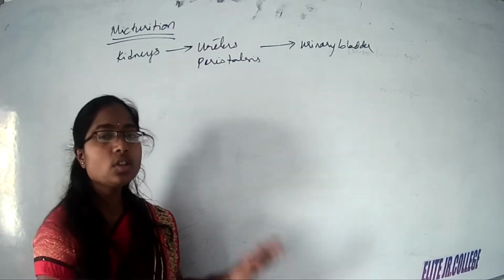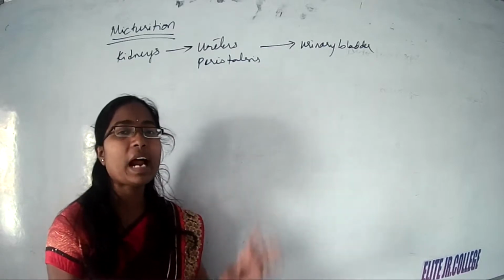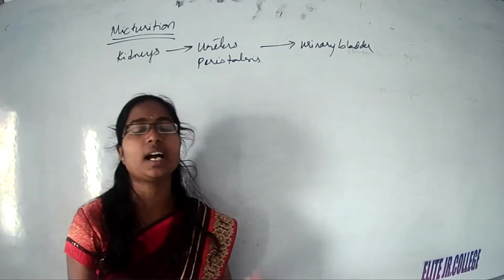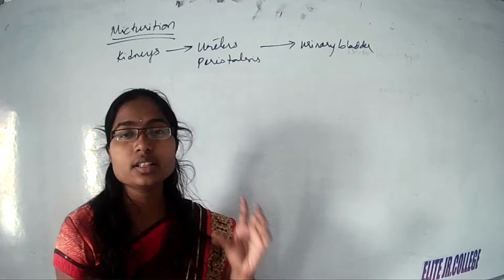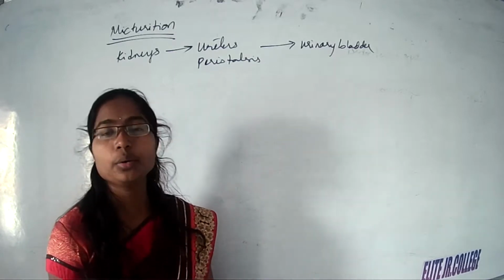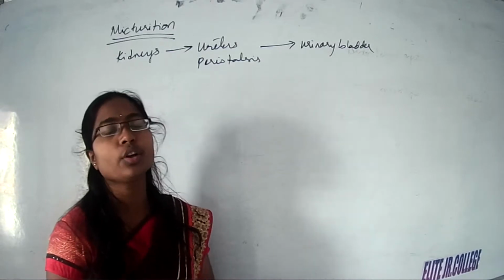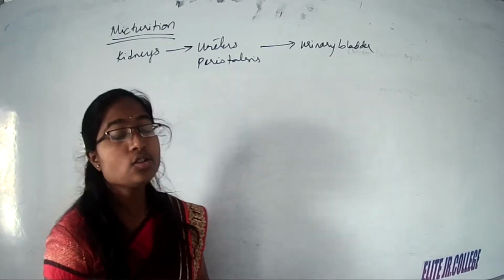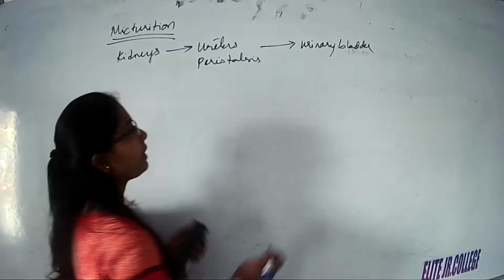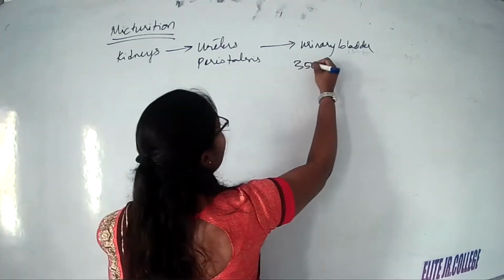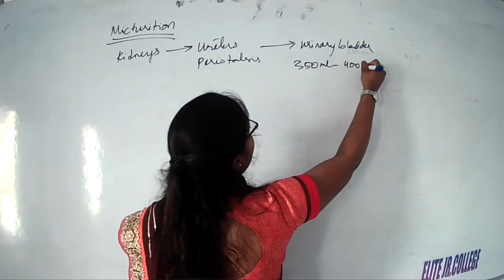The urinary bladder, as we have already learned, is the storage organ for urine. The urinary bladder's normal capacity is 350 ml to 400 ml.